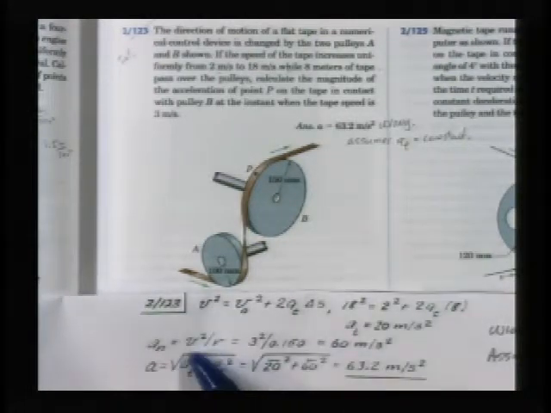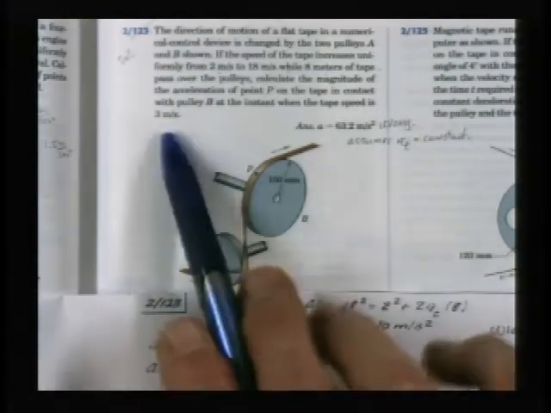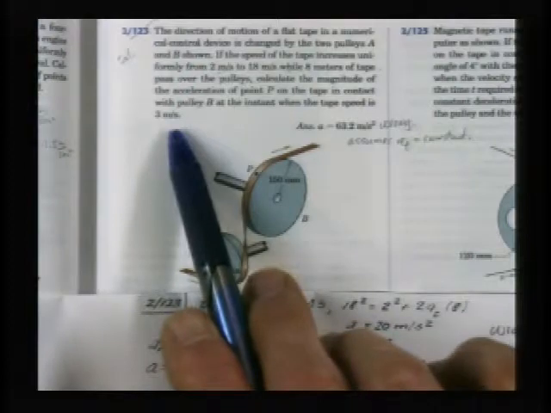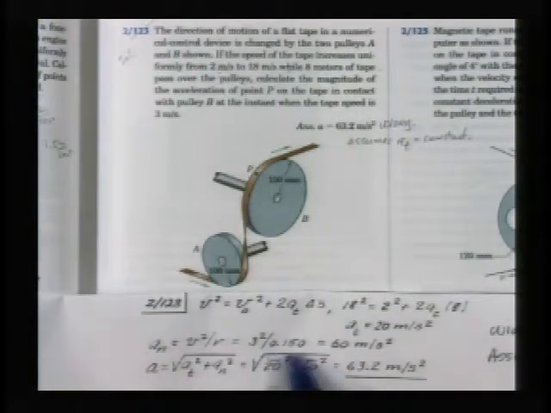And then once they knew that tangential acceleration, and they wanted a speed of 3 meters per second when the tape reached that value, the normal acceleration would be this, and then they looked at the Pythagorean relationship there to come up with that answer. Okay.